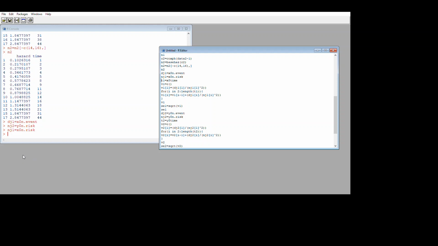That is, we are calling the number of individuals at risk, and t1 equal to the exact time for treatment A.